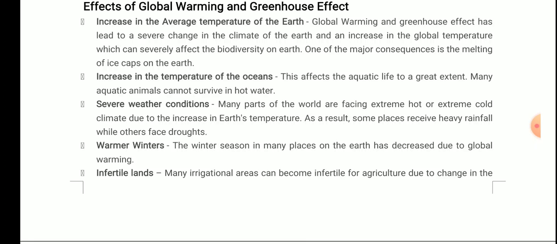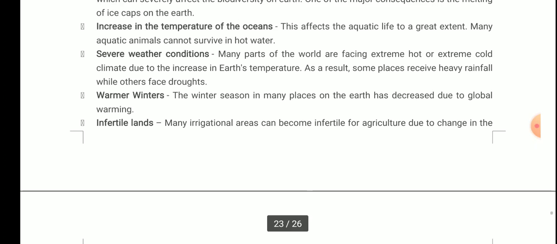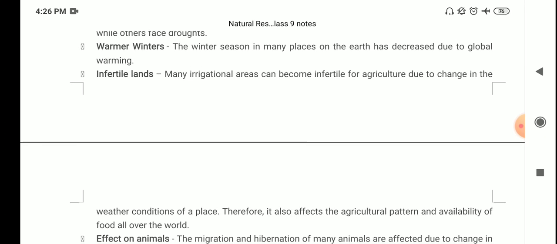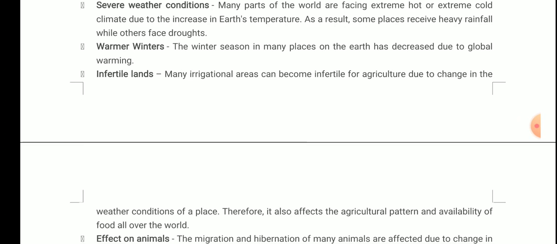Next, warmer winters. The winter season in many places on the Earth has decreased due to global warming. Because you know what is the effect of global warming? It has led to the increase in the temperature. Next, infertile lands. Many irrigational areas can become infertile for agriculture due to change in the weather conditions of a place.